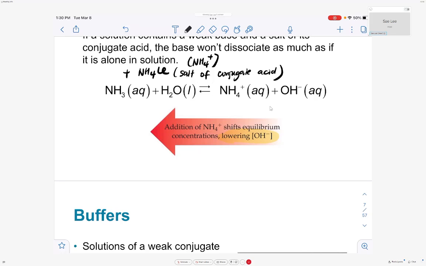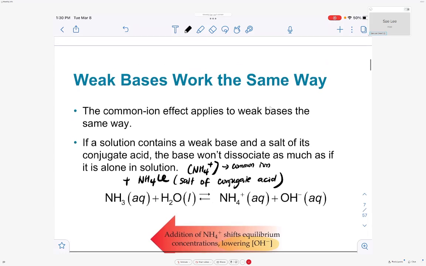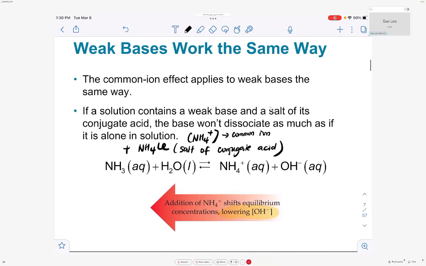This is the common ion. So you can also observe the common ion effect in a weak base and salt of its conjugate acid mixture.